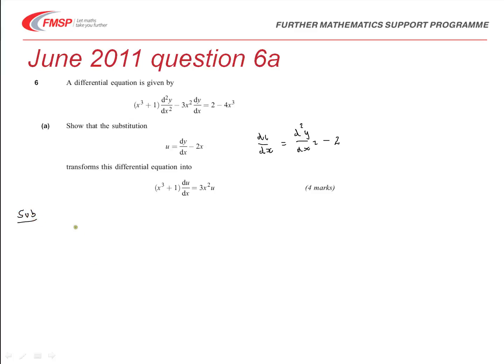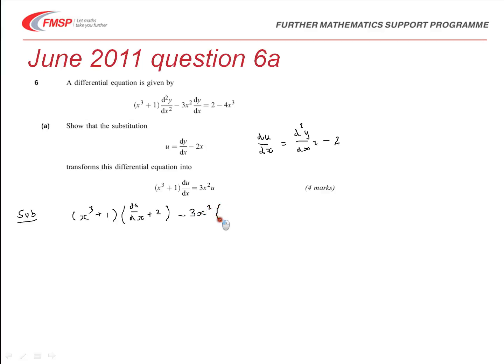So substituting those in, we will have x cubed plus 1, and we're replacing d2y by dx squared, which we've just found when we rearrange this expression is du by dx plus 2, and then we've got minus 3x squared, and that's multiplied by dy by dx.